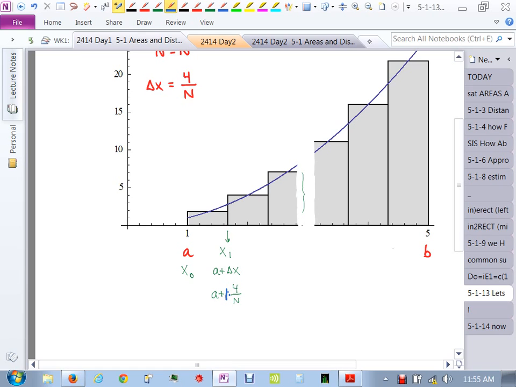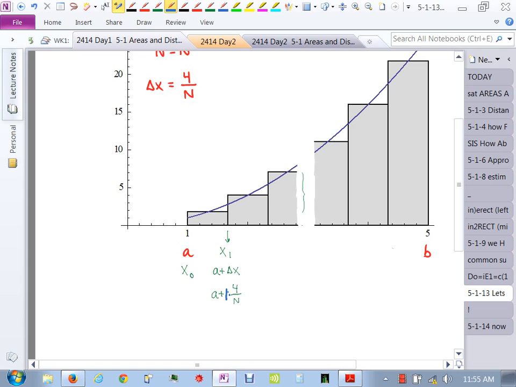What I'm saying is that to get to x1, you start at x naught, or you start at A, and you jump 1 width of a rectangle, 1.